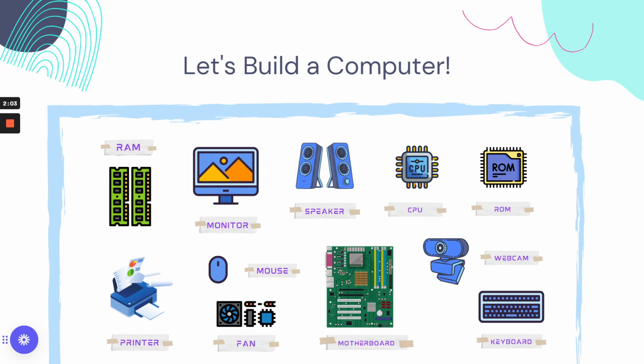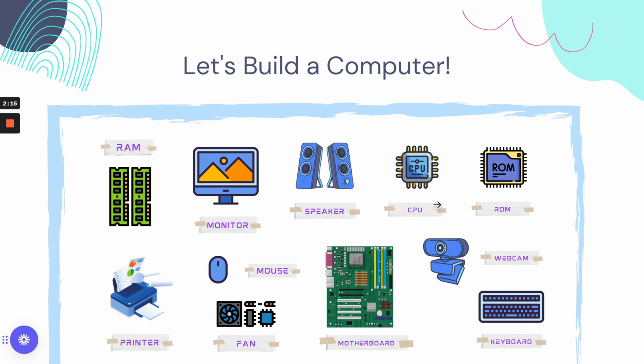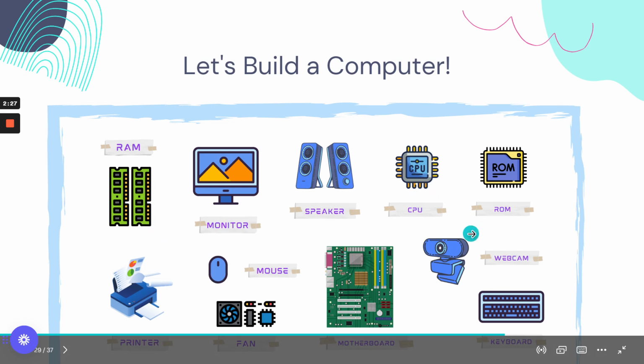So a fan provides a cooling system to allow the computer to cool down and maintain its temperature. Here is the CPU, or central processing unit. Here is the read-only memory, or ROM. And basically, this is just a glimpse of what a computer could look like.